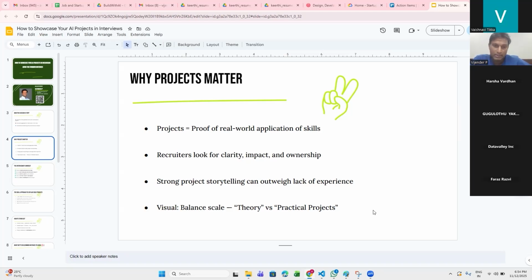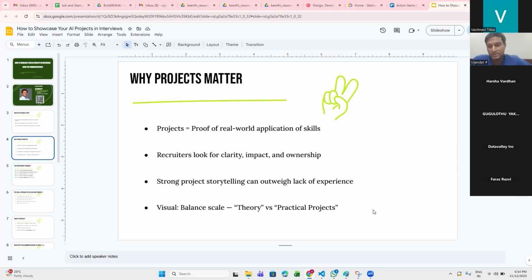Practical projects are the ones where you actually write the code and fetch the data, and do that entire process: data pre-processing, exploratory data analysis, building and training the model, evaluating the model, deploying it. If you're doing that whole thing, then that's more valuable.